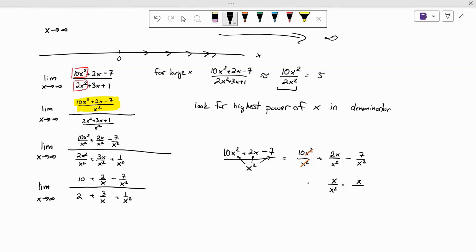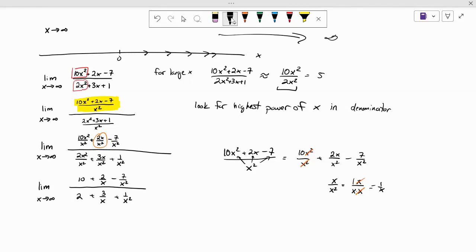Well, what does x squared really mean, by the way? It just means x times itself, right? And what's x divided by x? Yeah. Over x. So that's why over here we had 2x divided by x squared, so that reduced to just 2 over x.